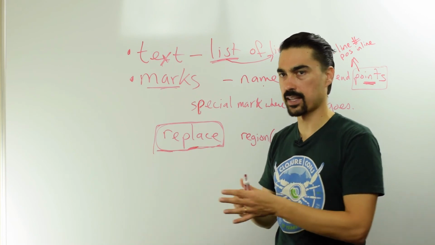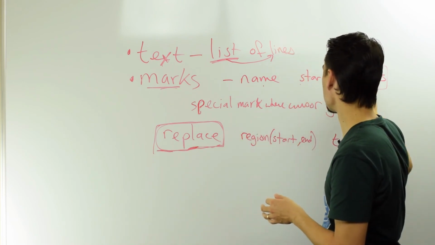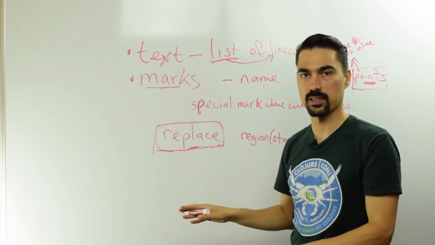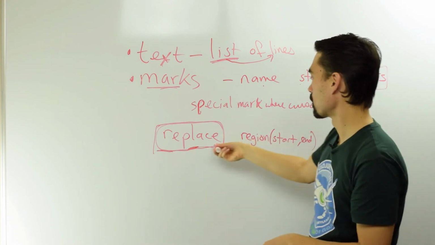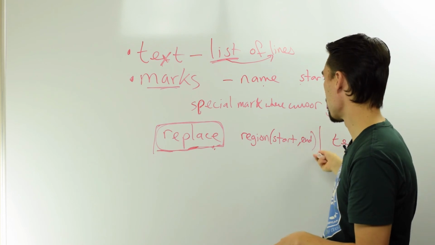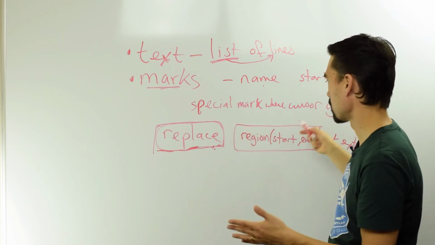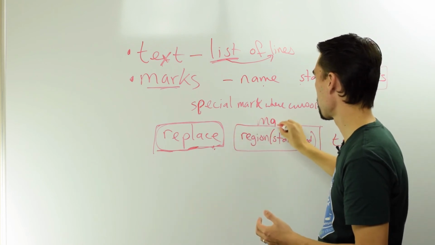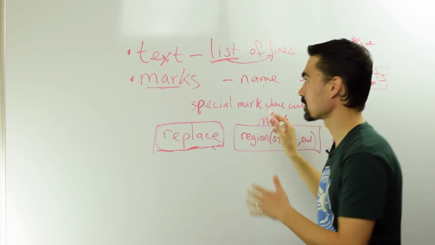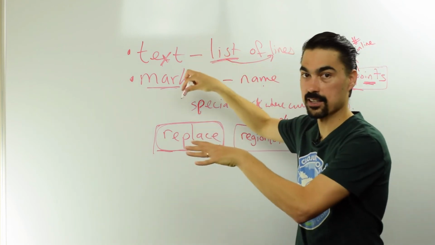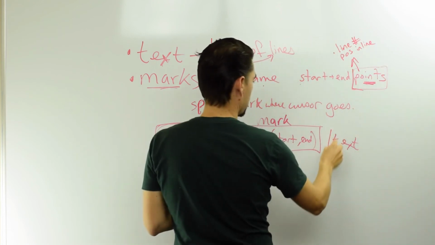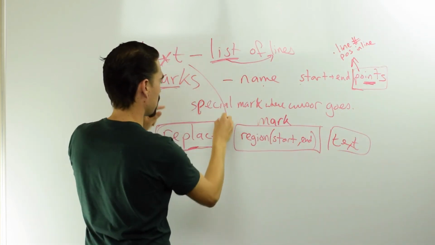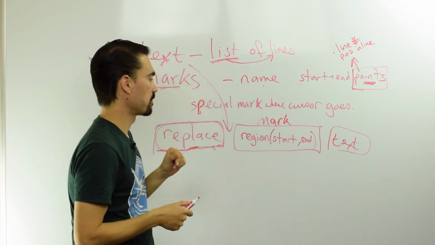A point is something you could pass as an argument. And then replace would take what we're calling a mark. That mark doesn't actually have to be in the data structure. It's just the start and end point, and of course the text has to go in there too.